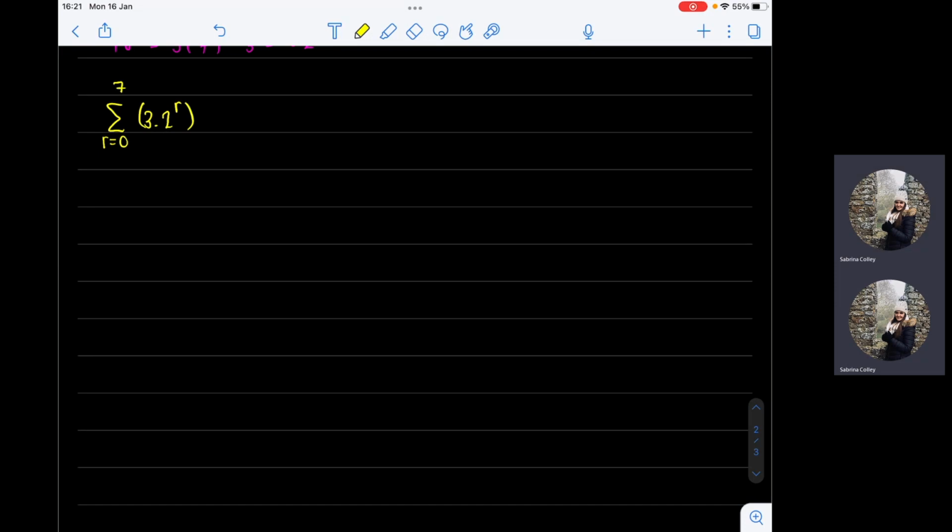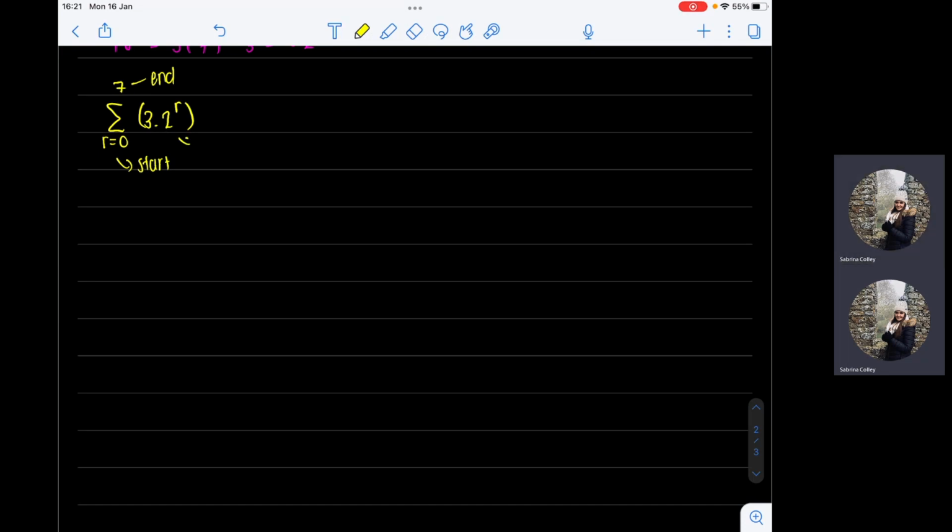So what are they saying here? Sigma tells me they want the summing, the addition of all those terms, but they're going to start at term 0 and the last term is 7.